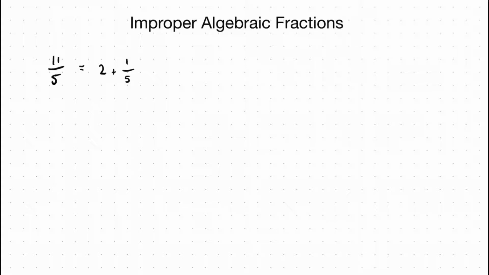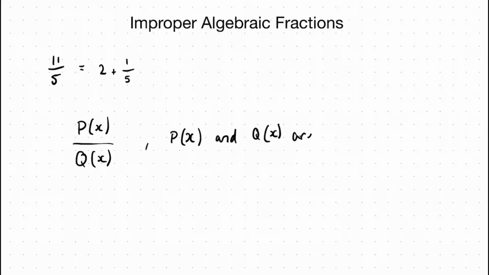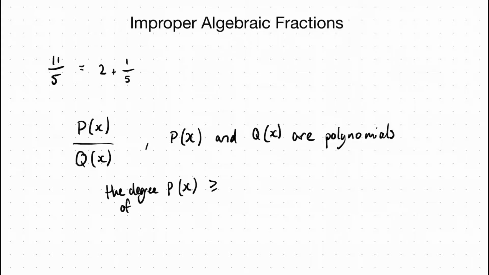We can do this when we have a function such as p(x) divided by another function q(x), where both p(x) and q(x) are polynomials, and the degree of p(x) is greater than or equal to the degree of q(x).